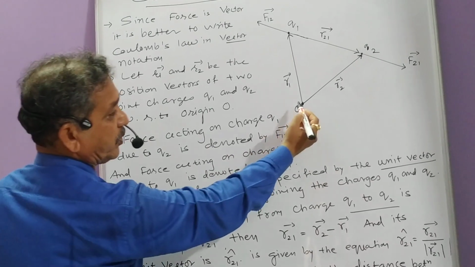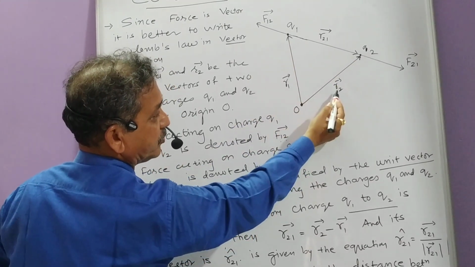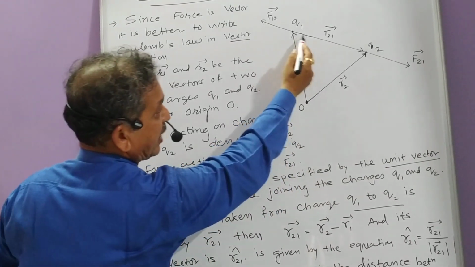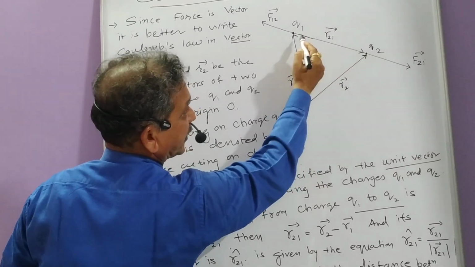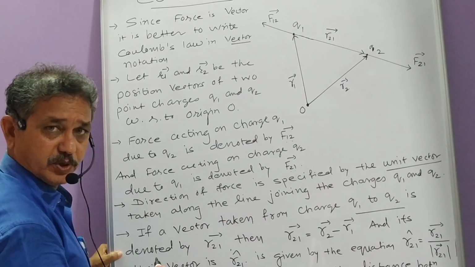As you know, from the origin to Q1 and from the origin to Q2 are R1 and R2, but they are with respect to the origin. This vector R21 is the position vector of Q2 with respect to Q1. That's why it is denoted by the symbol R21.